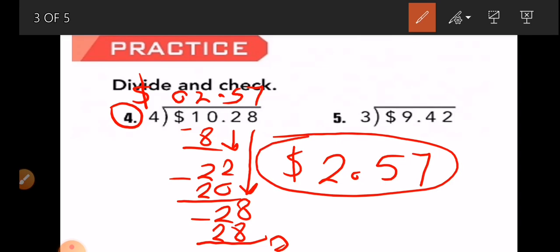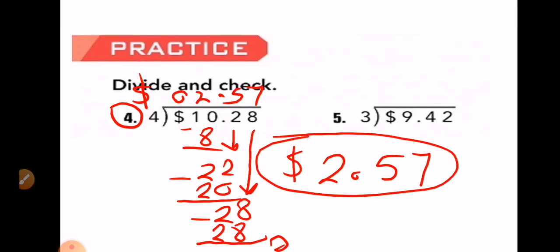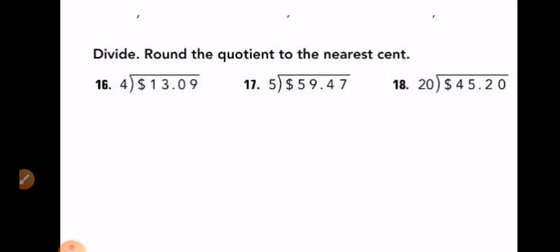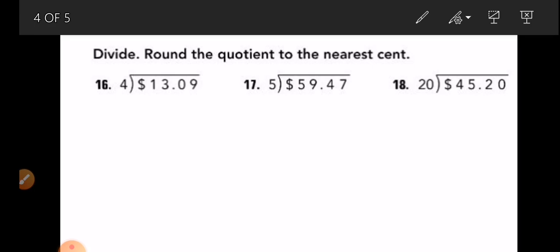Let's see another one. Here is a different question. Divide, then round. Round what? Round the quotient, meaning round the answer to the nearest cent.